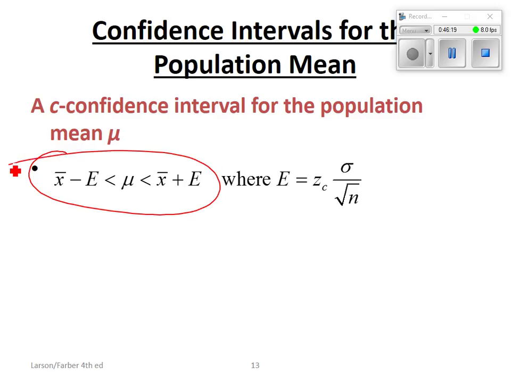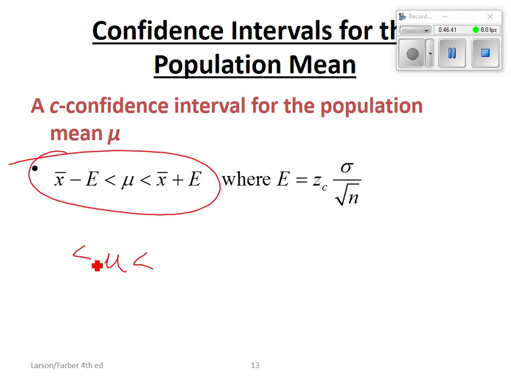To find our interval: X bar minus E on the low side, mu's in the middle, X bar plus E on the other side. So if we wanted to write it something like this, mu has to be between something and something.